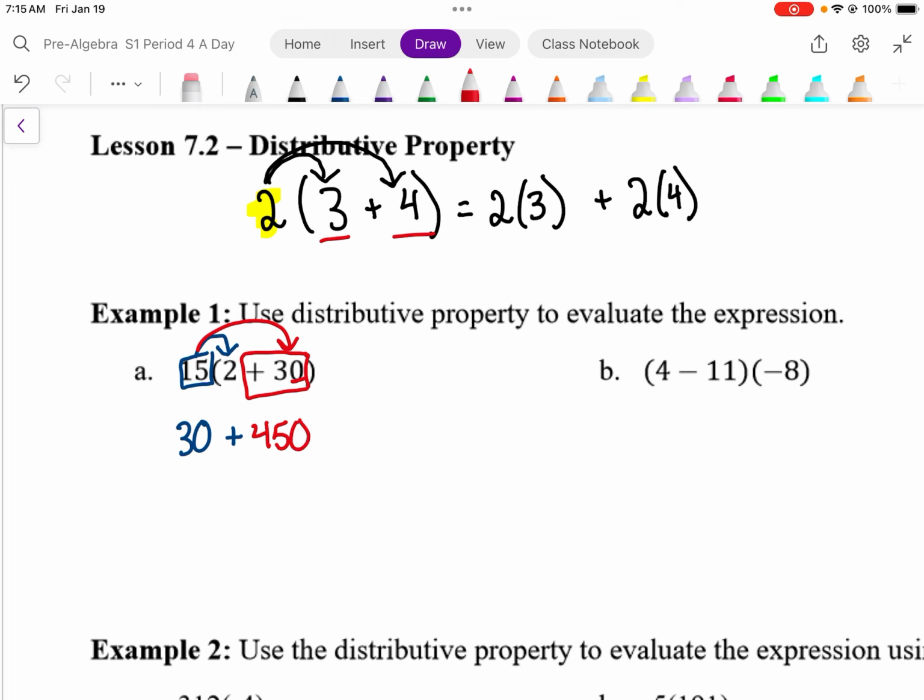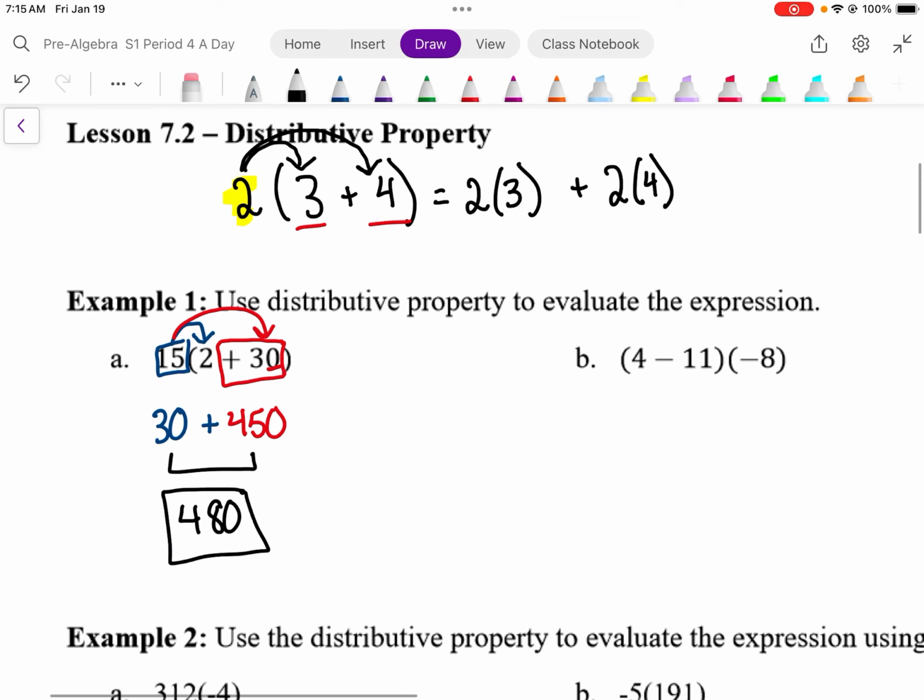After we distribute like that, then we can just add those two values together. So 30 plus 450 would be 480. And that would be our answer. And as you're watching the video, make sure you go and write it down on the note sheet.